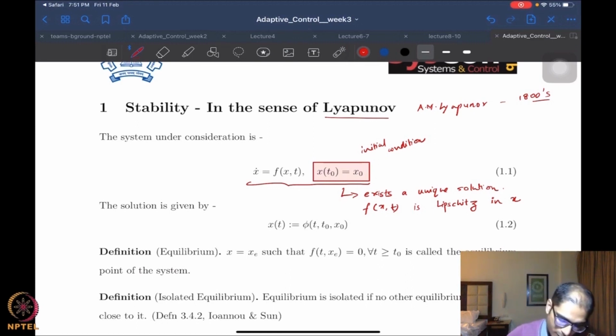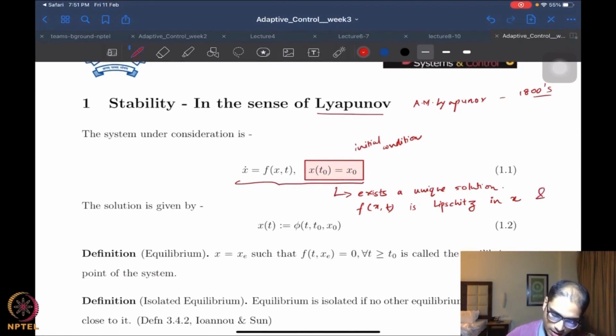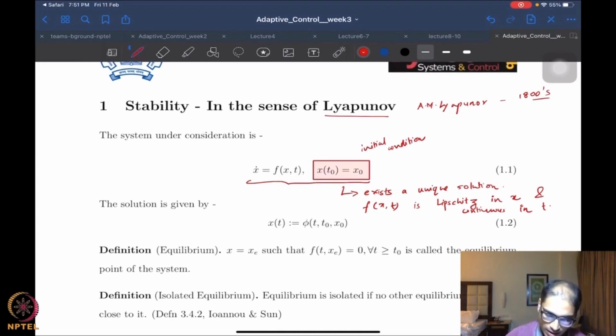Now what is this Lipschitz condition? Lipschitz in x and continuous in t. Actually, Lipschitz in x and piecewise continuous in t is fine, but I'm going to say continuous in time, to make it a little bit more relaxed.